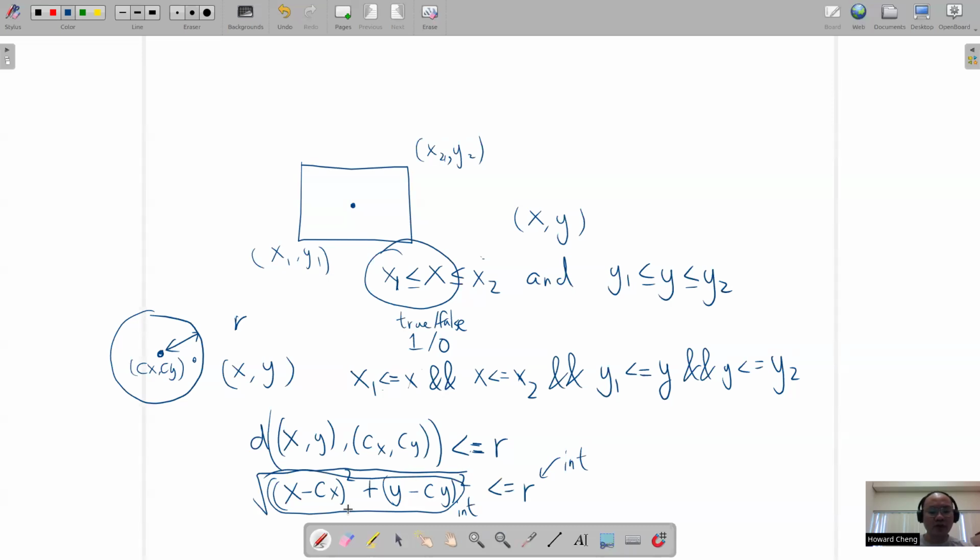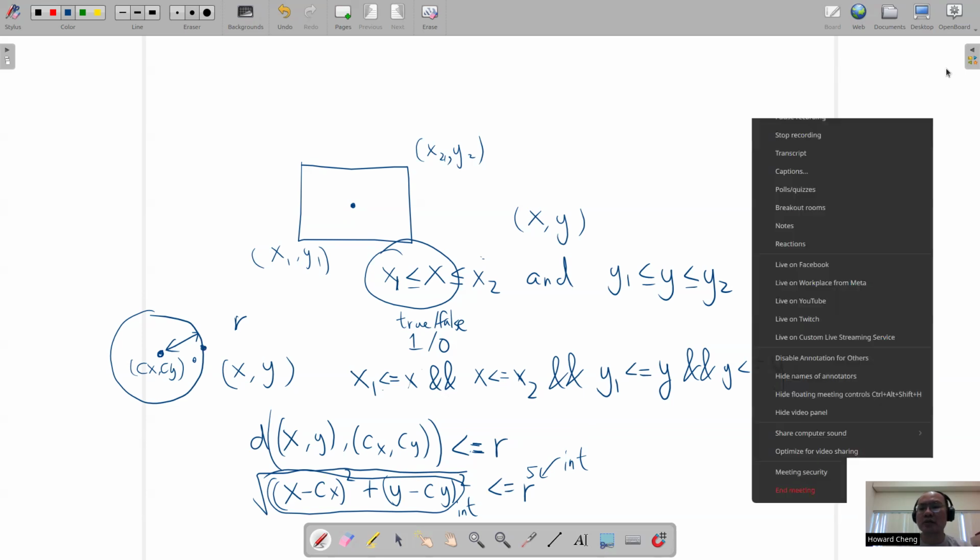Even if inside is 25, when you take a square root, it's going to be some approximation of 5, and it may not be exactly 5. It might be off by a little bit. And if you have exactly 5 right on the boundary, with the rounding error, you might accidentally think that it's outside even though it's right on the boundary. So we don't want to introduce floating point numbers if we don't have to.